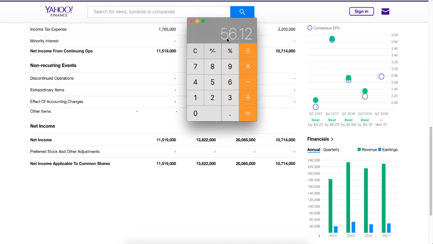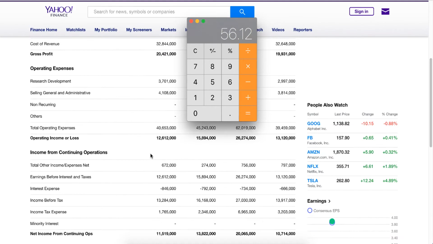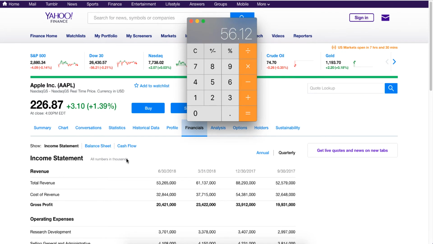So this gives us 56.12, which, in case you don't know, is in millions of dollars. This is in thousands, basically. So this is actually 11 billion here, because it's in thousands. So it's 11,000 millions, basically. So it's 11 billion. And you can actually see that here, all numbers are in thousands.